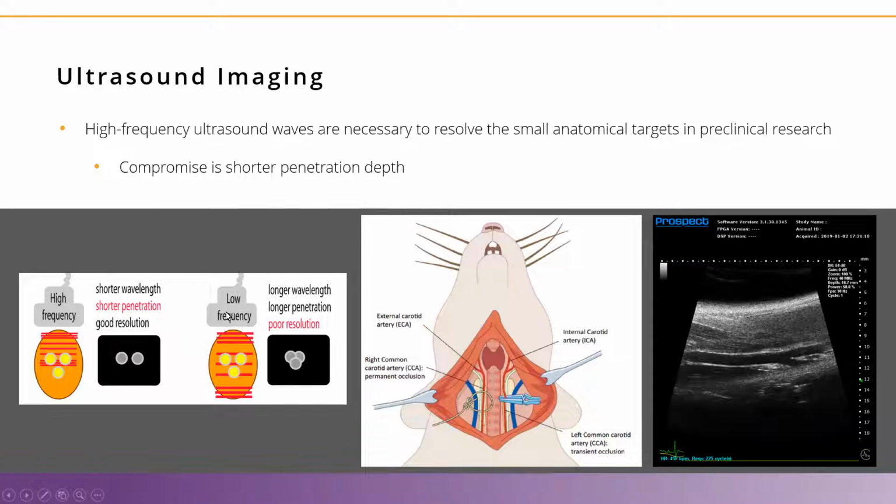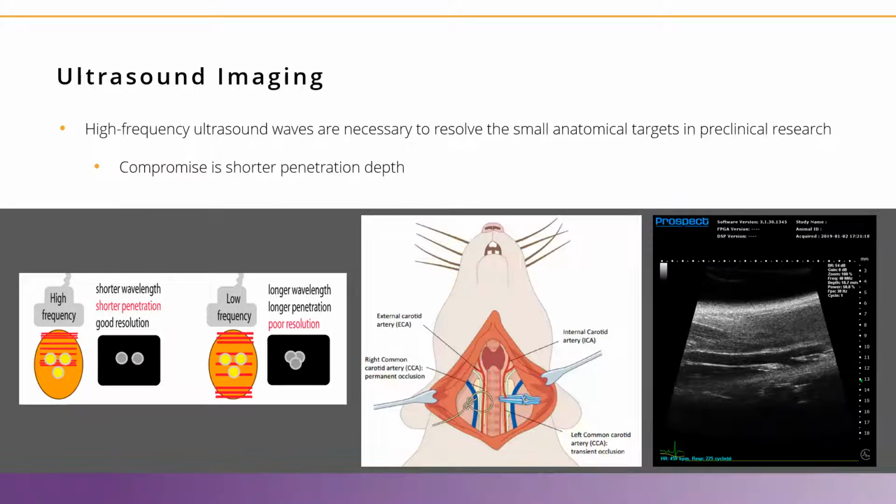And in this case, we have a longer wavelength, which allows for longer penetration or deeper penetration into the tissue. However, it suffers from poor resolution. So again, if we have the same 3 dots and we're using low frequency sound, we can't resolve that there's 3 individual dots, but we can in fact see all 3 because we have that increased depth of penetration.